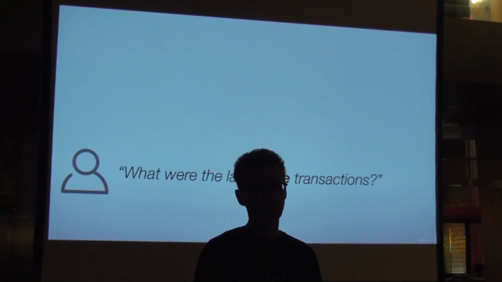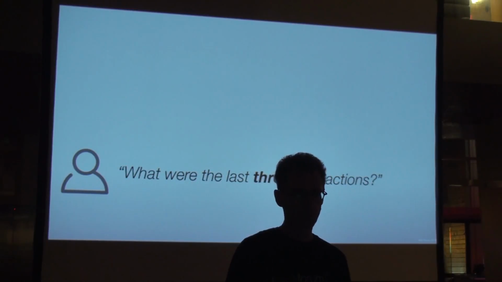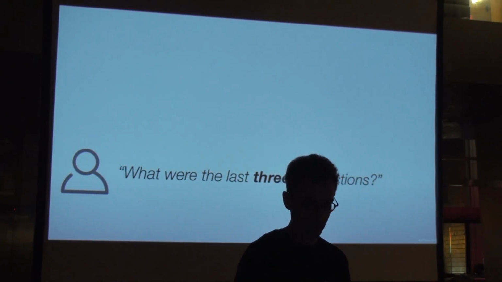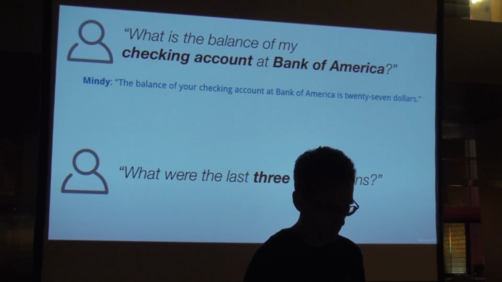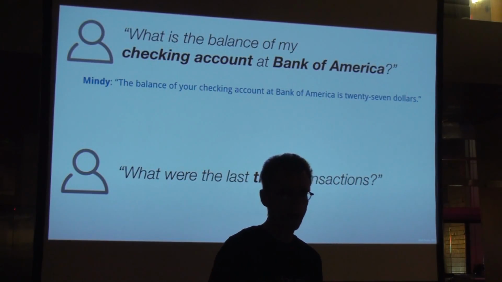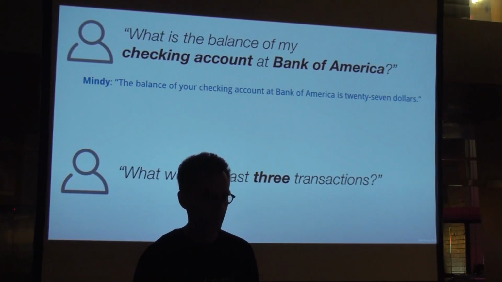Then you sort all the transactions by date, and then you read me the most recent 3. But now imagine that the question before that was, what is the balance of my checking account at Bank of America?